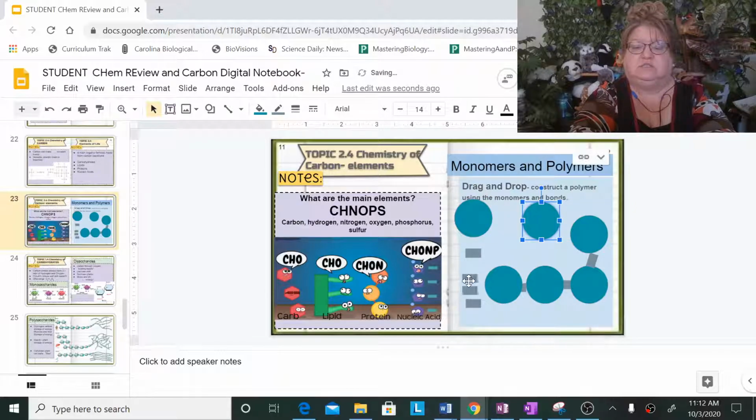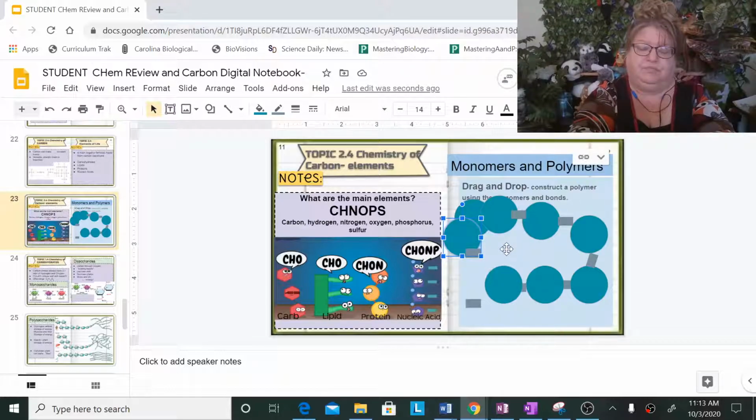And so just as you're doing on your slide, you do this constantly all day long. You're building these polymers, and that's what we want to figure out, and that's what happens to our bodies. So each individual one is a monomer, but when we connect them together, that makes a polymer.